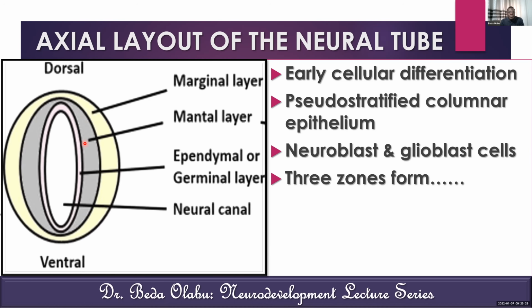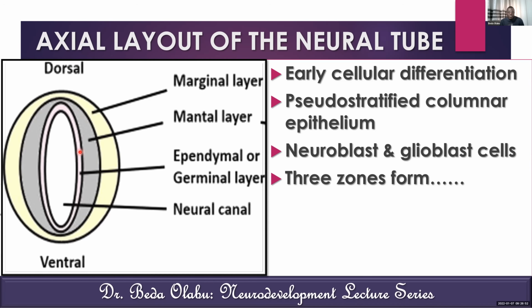Having said so, cells will be arising from that zone, going peripherally. And so if you're going to develop the cerebral cortex, cells will be migrating from this zone, because of its rich origin of cells that eventually migrate to form the cerebral cortex.